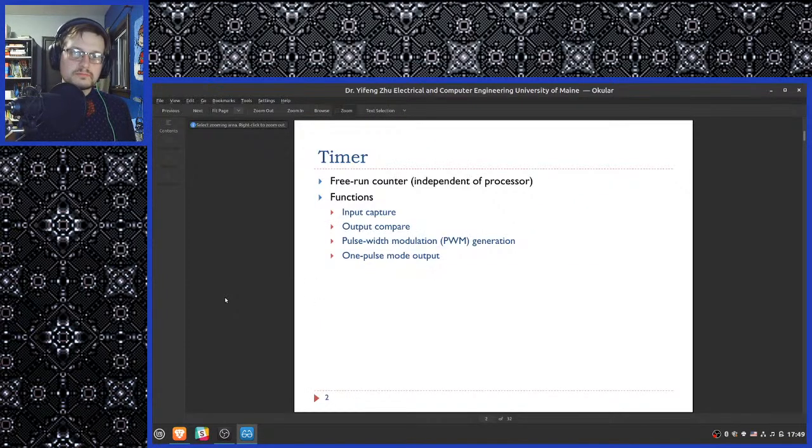In addition, there's one other thing that we're going to talk about, which is pulse width modulation. I will tell you what pulse width modulation is once we get there, but that's another thing you can use timers for. It's quite similar to the idea of generating an interrupt, but we'll get there.